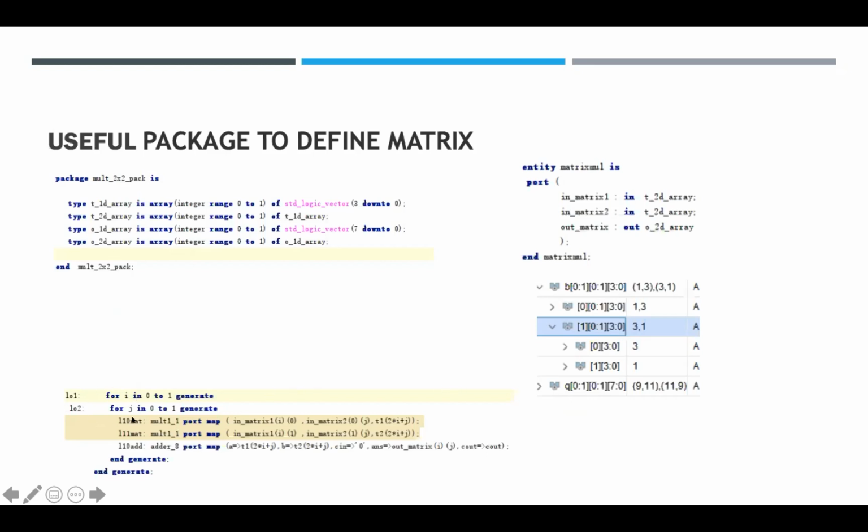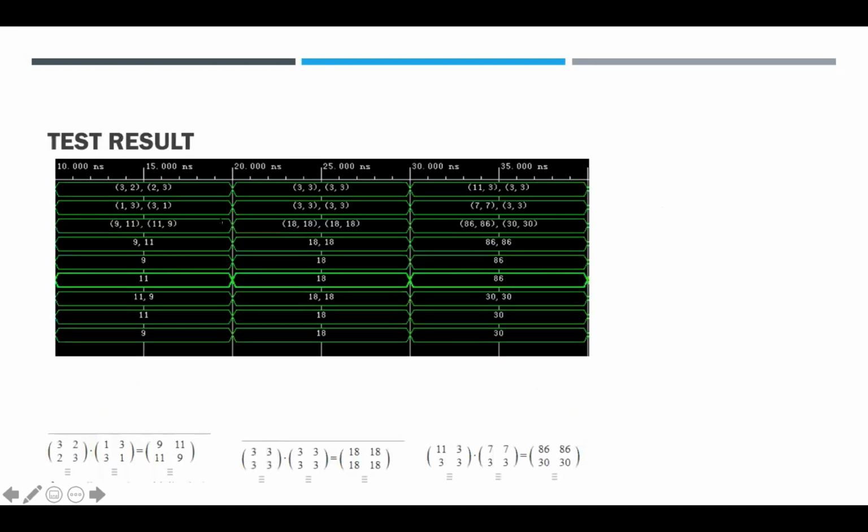This is the main code, just 2 for loops that can perform the task to calculate the result of each position. And this is the test result that I performed. This is a 3, 2, 2, 3 matrix times the 1, 3, 3, 1 matrix.